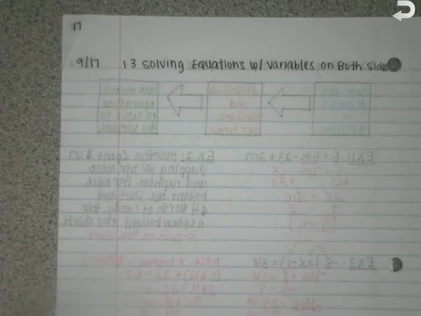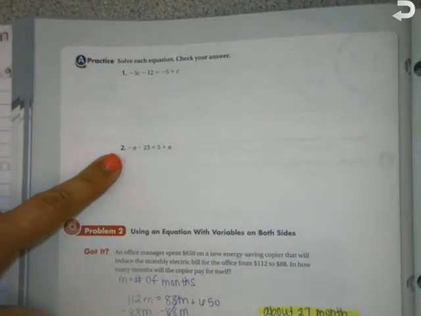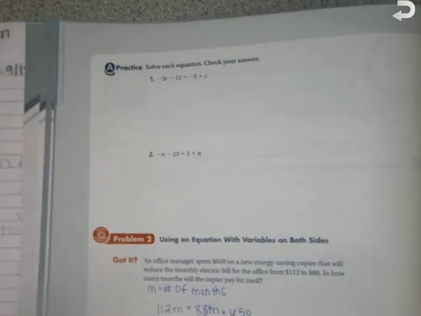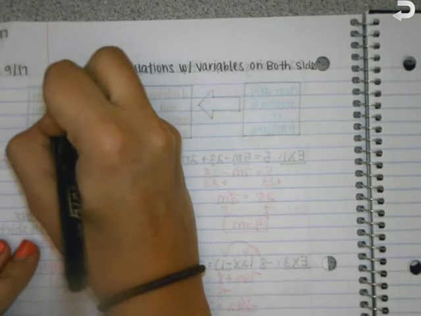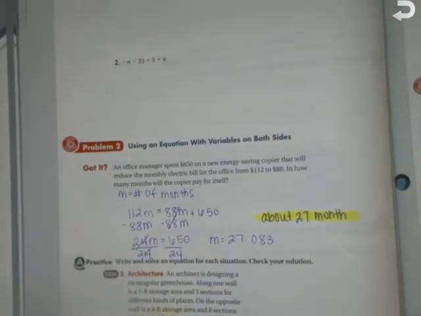Okay, so we still need to do the left-hand side of our notebook. So on the left-hand side for 1.3, in your textbook, where the unit all started on page 22, you'll notice there's a problem that says number 1 and number 2. I want you to do number 1 on the left side of your notebook. And then there's the word problem that we did, right?